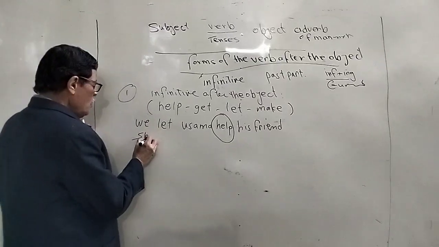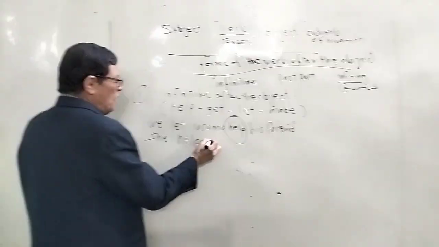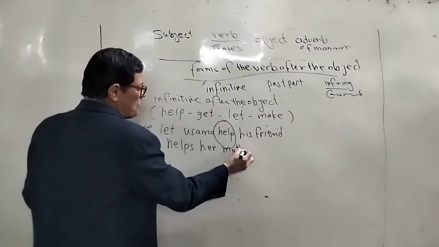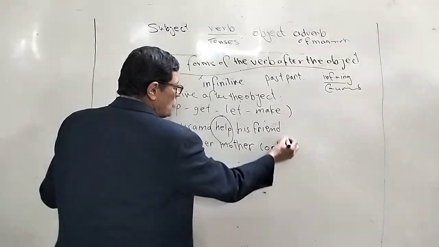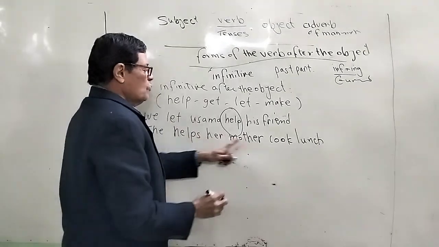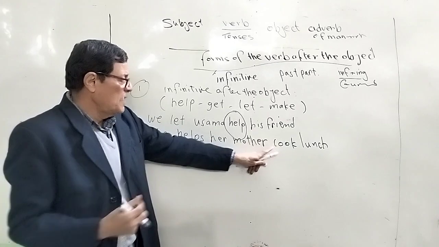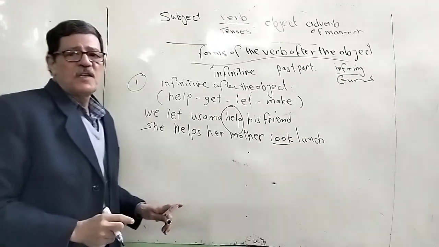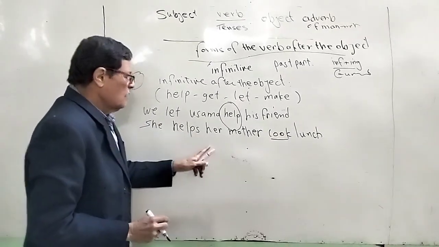She helps her mother cook lunch. Don't say cooks. But say cook. Why cook? Because it's an infinitive. Why? Because there is the verb help in the sentence.